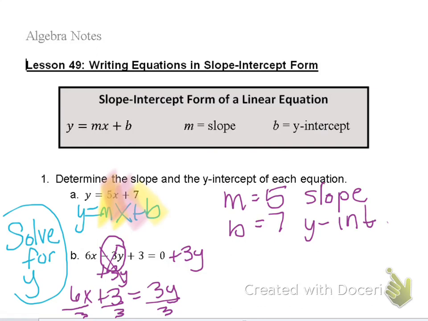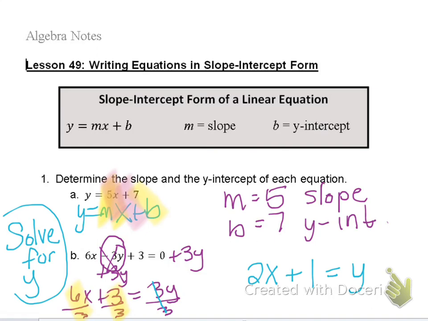So 6 divided by 3 is 2x, and 3 divided by 3 is 1, so plus 1 equals, and the 3 divided by 3 here becomes 1 times y, which is just y.